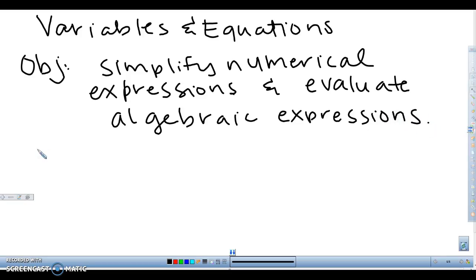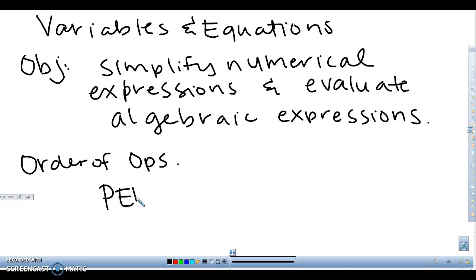Okay, so the first thing we really need to remember is our order of operations. Or as we fondly like to call them, PEMDAS, or please excuse my dear Aunt Sally, whatever helps you remember that.